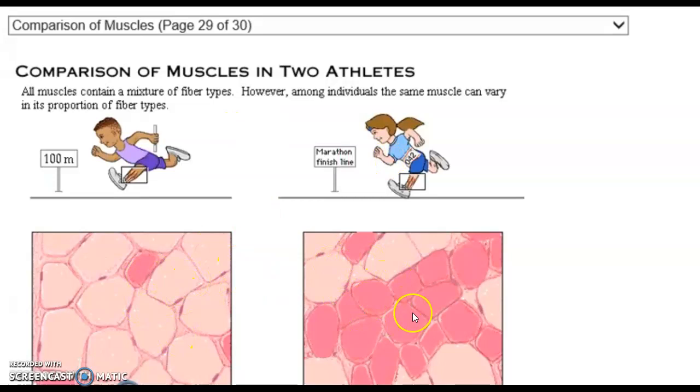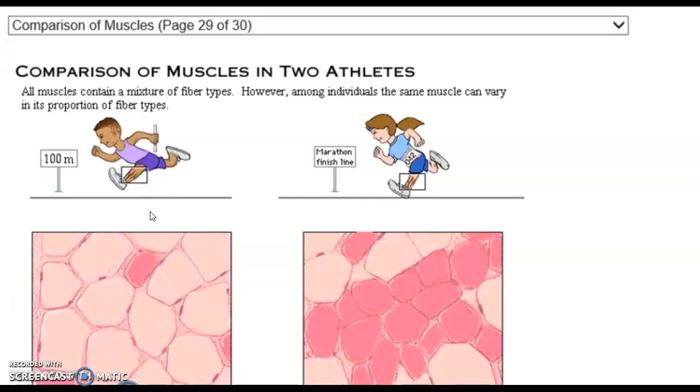Your muscle cells actually don't divide, but the protein inside of them and the fibrils inside of them you can strengthen and use more efficiently. But you can't really change your genetics for the most part.